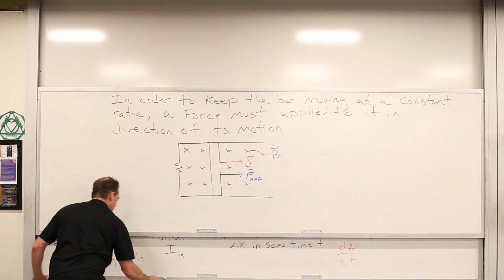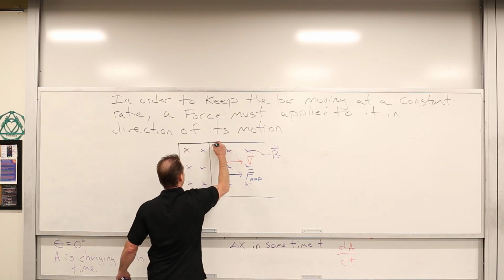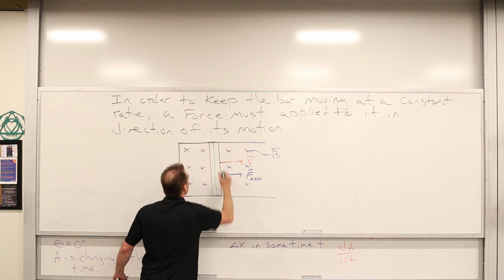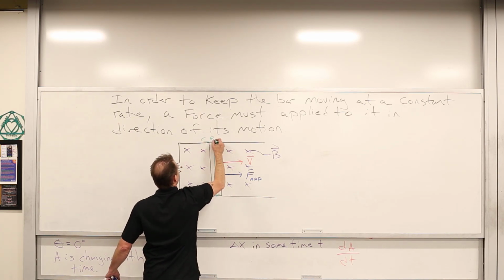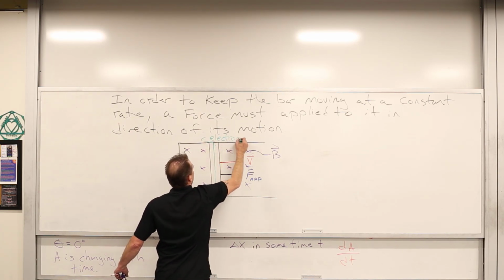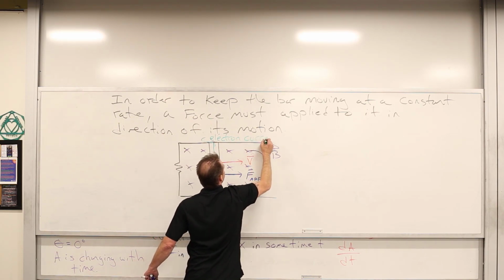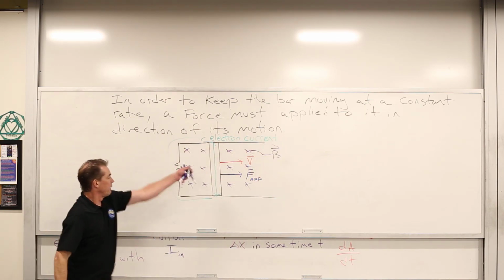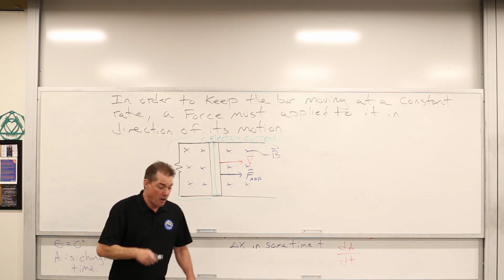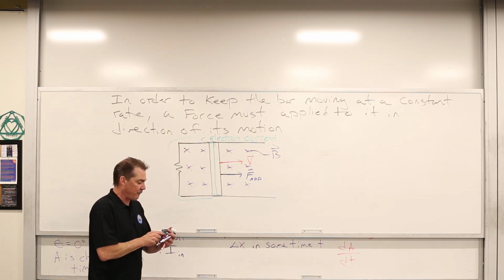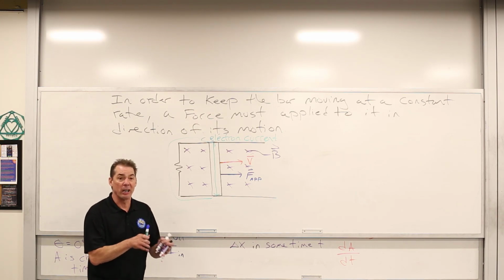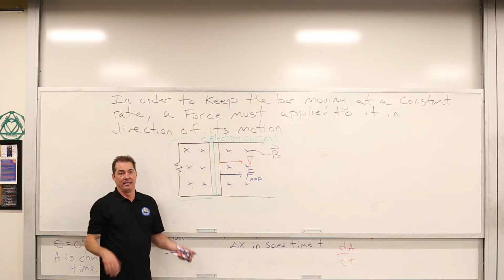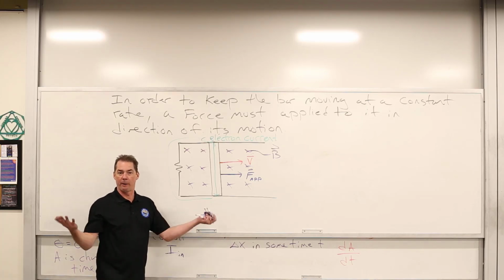So we've got a current cycling around in here, and in this bar, we've got ourselves an electron current, which then cycles all the way around, that's fine. Well, let's just consider that current in the bar. We know that there is a magnetic field force on a current carrying wire. This is like a current carrying wire right here. It's a bar, but it's just like a wire, right?